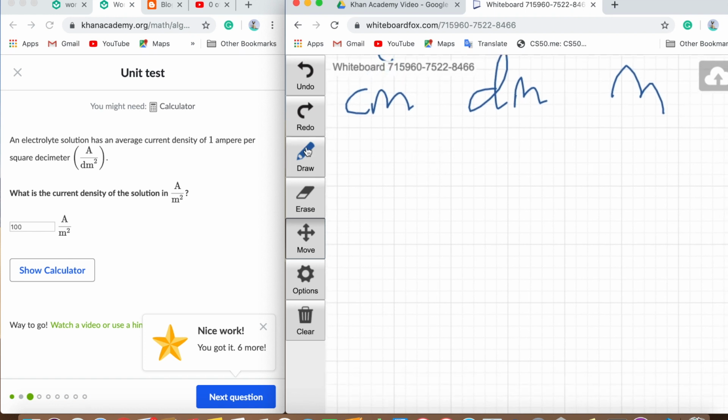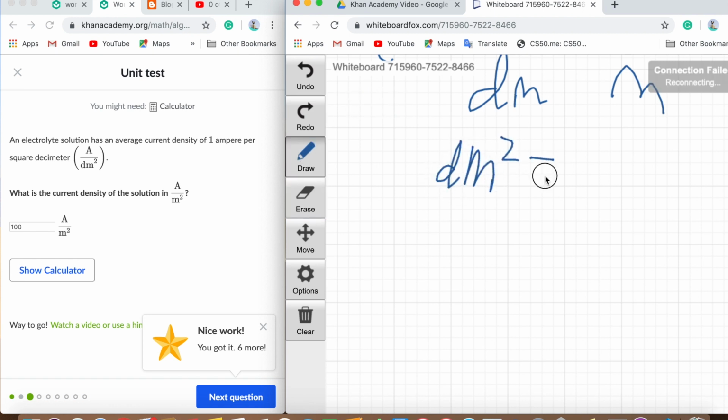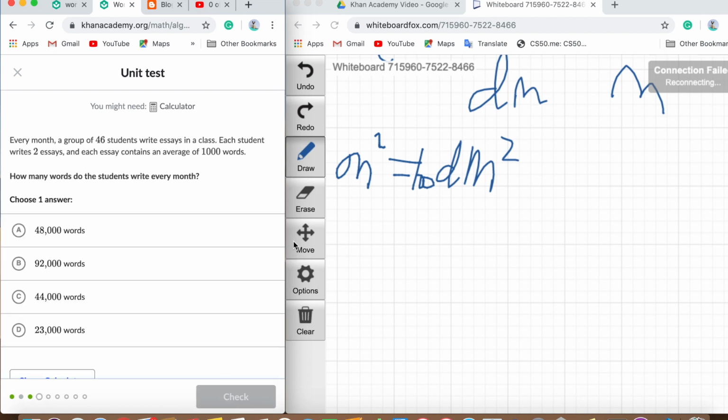So what that means is we don't consider Cm in this case, so I can erase them out. So Dm squared, 1 Dm, so 1 m squared, which is meter squared, is equal to 100 decimeter squared. Okay? And then let's keep going.